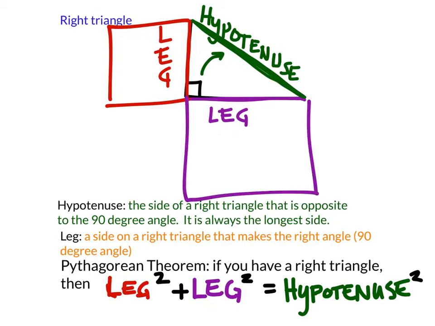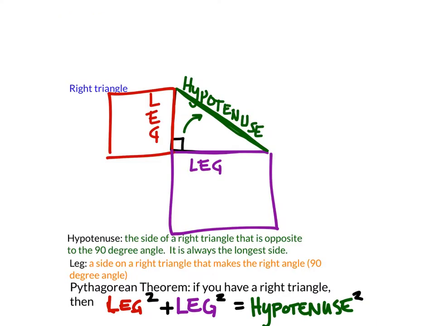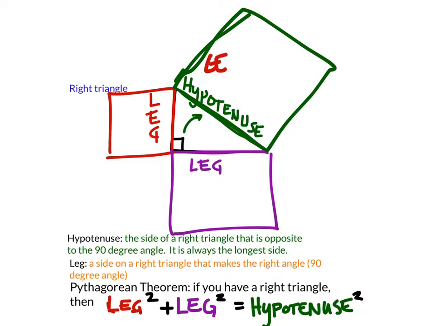And if I do that, then I can take the hypotenuse and square it as well, which means I'm actually making a square out of this thing. So if I took the area of the leg, which would be the leg multiplied by itself, squared, and I added it to the other leg and squared that, then I would have the area of this green square.